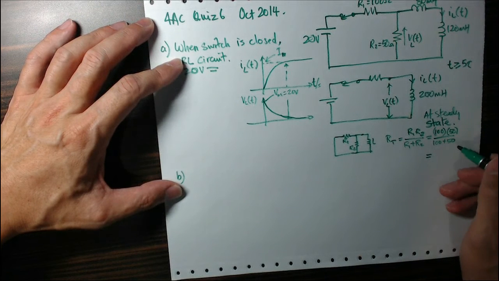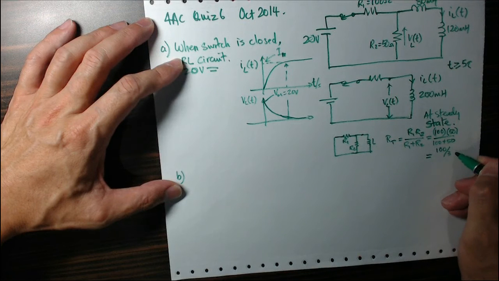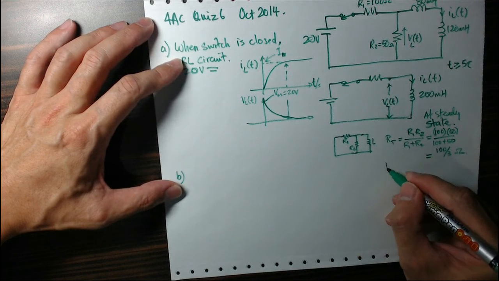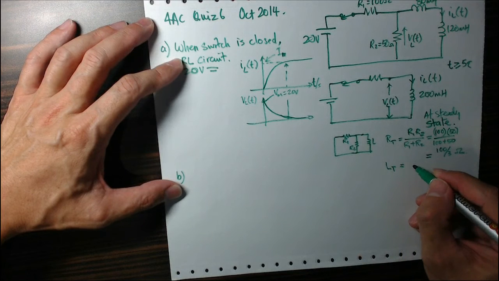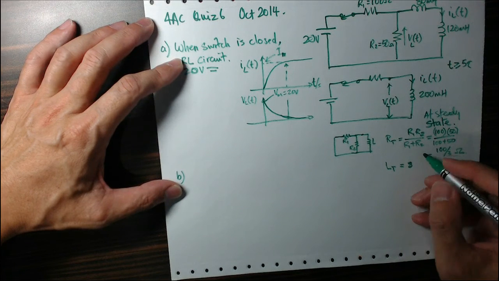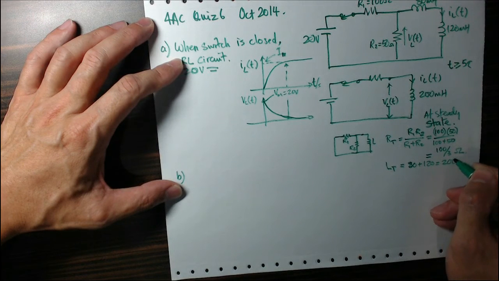That gives me 100 over 3 ohms. The total inductance LT is just 80 plus 120, that's 200 millihenry.